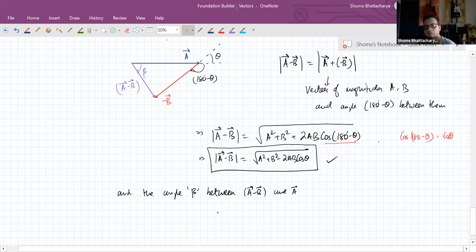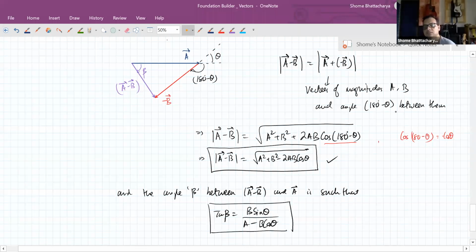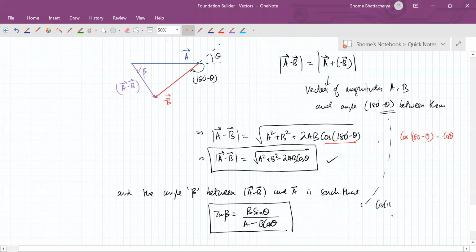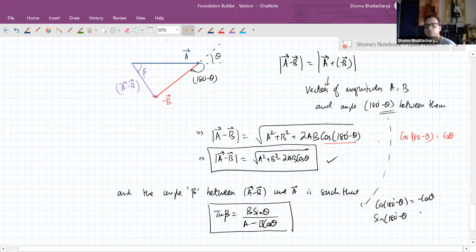That is given by, again we'll use the same formula. So tan beta will become B sine theta upon, but instead of plus it will become minus, because once again we are using the fact that the angle between the two vectors is 180 minus theta, and cos of 180 minus theta will be replaced with minus cos theta, whereas sine of 180 minus theta in the numerator will be replaced with plus sine theta.